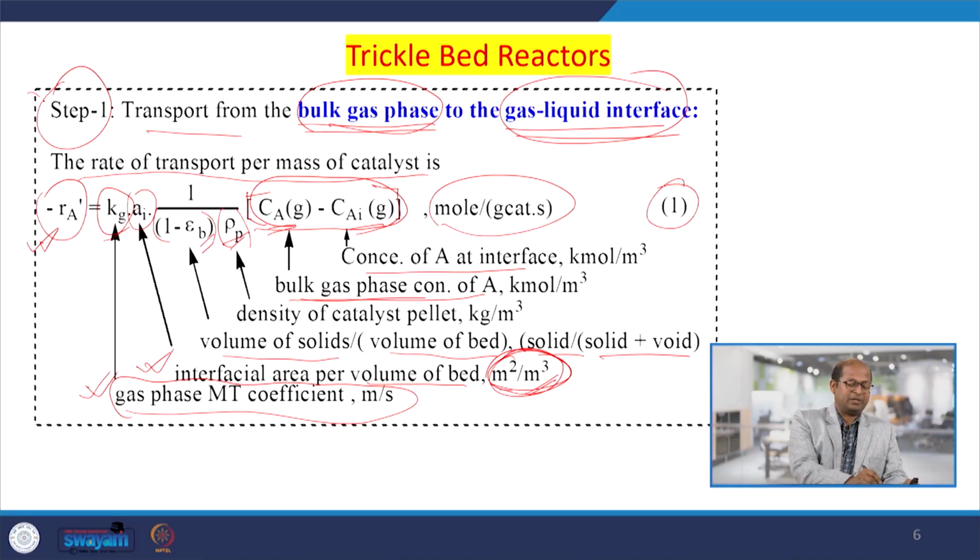So today we discussed trickle bed reactors and, for a particular system, how to derive the rate equations step by step. First, the bulk gas phase to liquid phase transport, the rate of transport per mass of catalyst, that is equation 1.